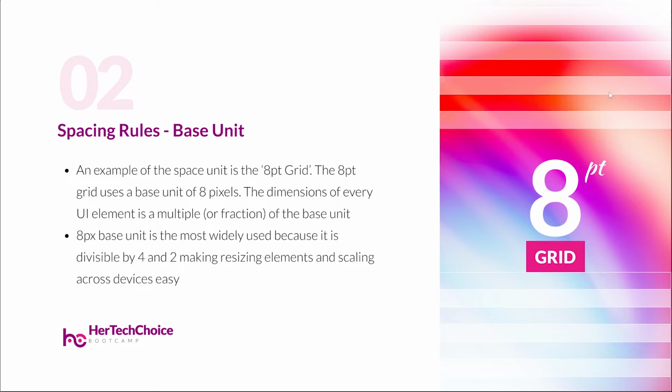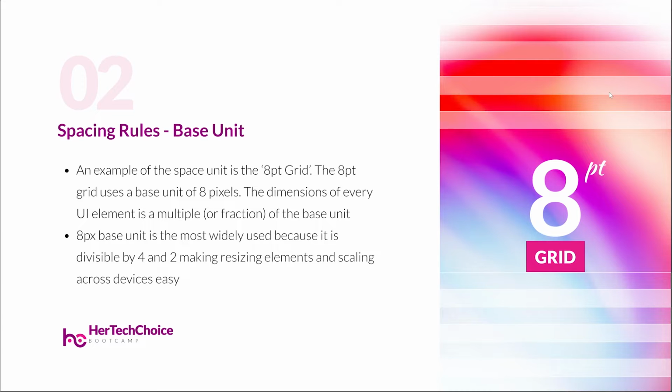A lot of designers show a preference for the 8-point or 8 pixel linear scale because it is divisible by 4 and 2, which makes it easy to resize any element without ending up with a design with half pixels.